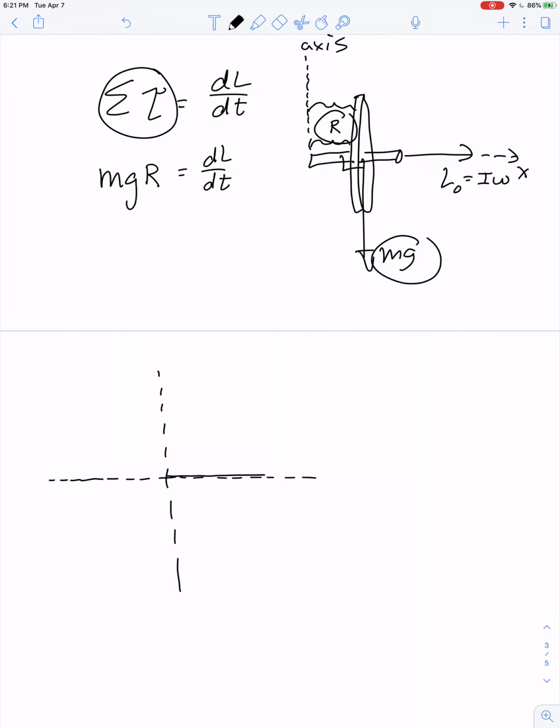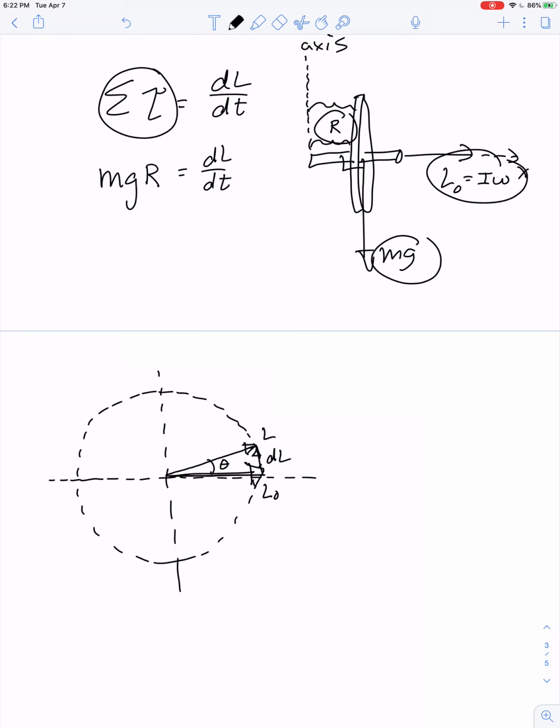We see that same angular momentum vector pointing down the x-axis, and then the angular momentum vector traces out a circle. So the length of the angular momentum vector doesn't change, just its direction is changing. And it changes due to this little quantity dL.